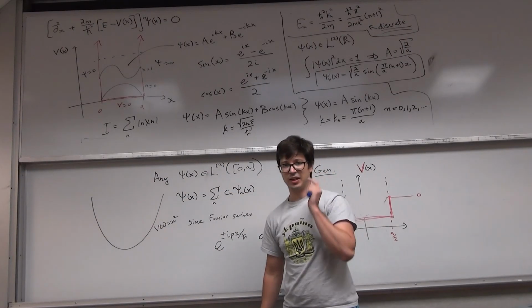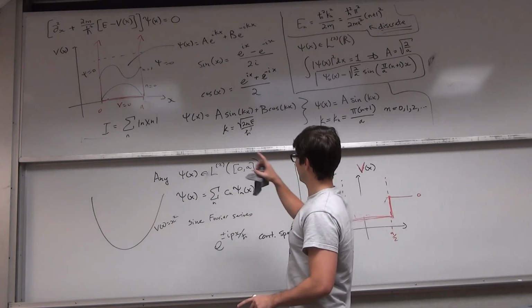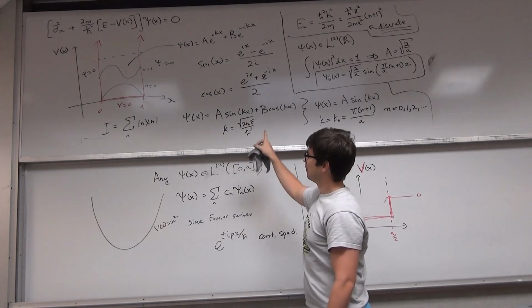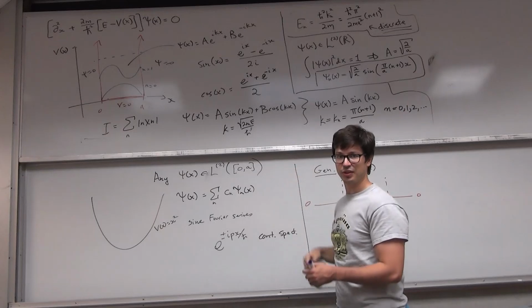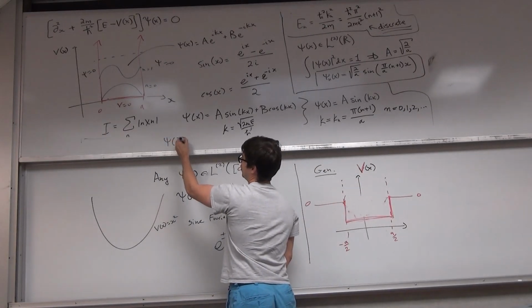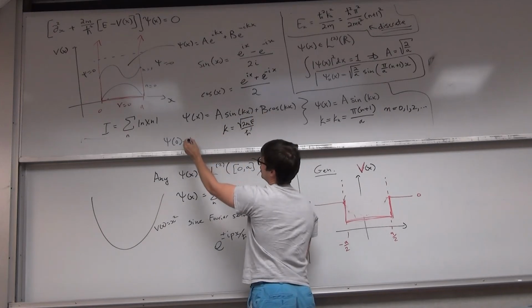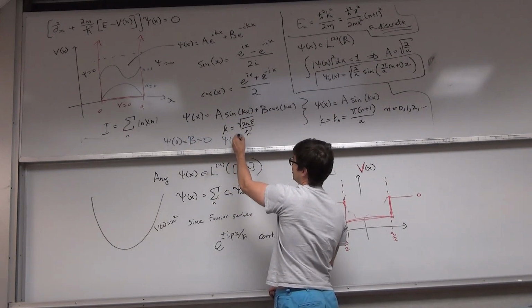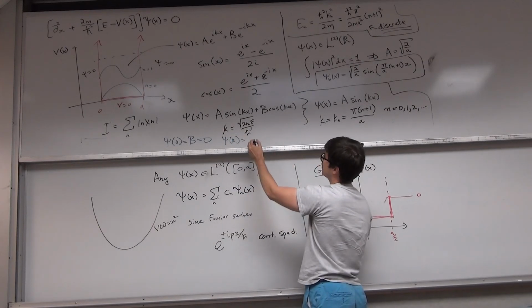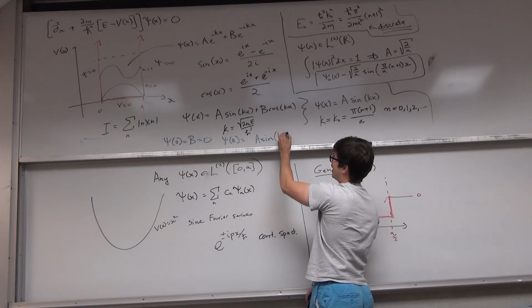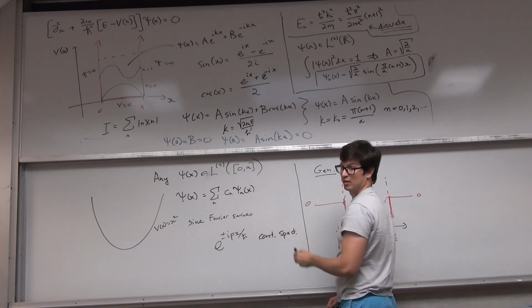And by the way, in case I might have been going a little bit quickly here in solving this, this follows directly from the boundary condition, because psi at 0 is just b, which has to be 0, and then psi at a, it has to be a sine k a has to be 0.